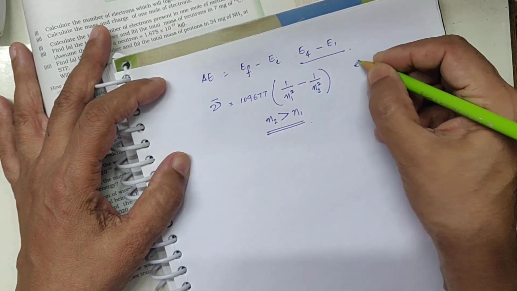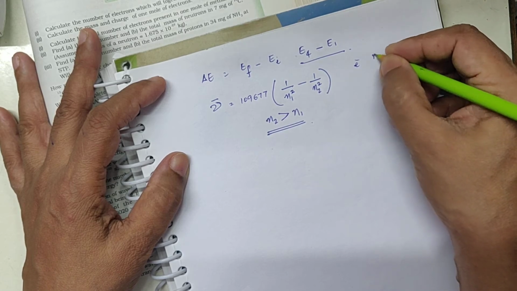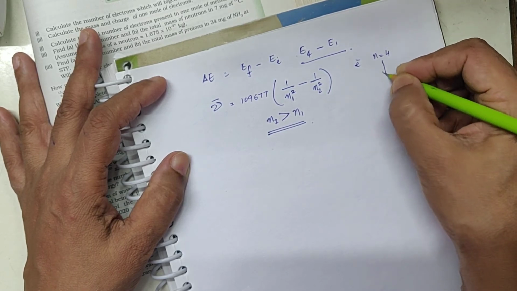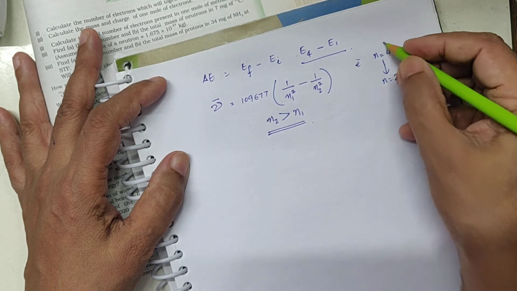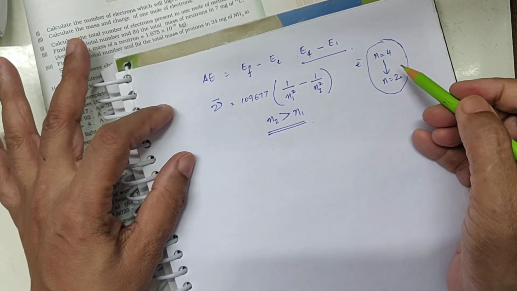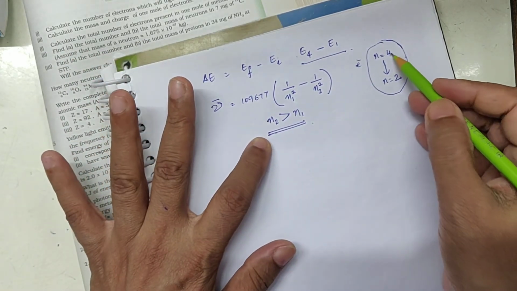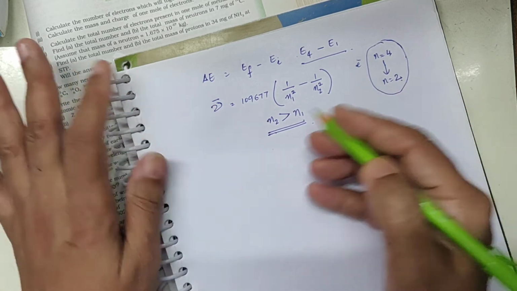When the electron is coming down from n is equal to 4 to n is equal to 2, this is what is given. So here n2 is greater than n1, he will take n2 as 4 and n1 as 2.